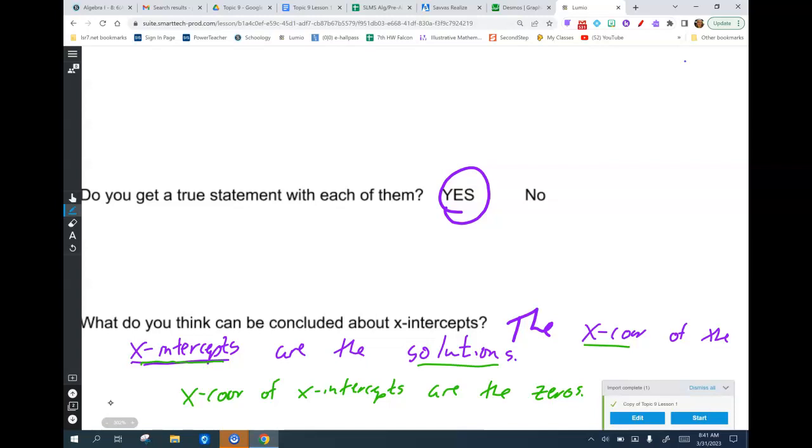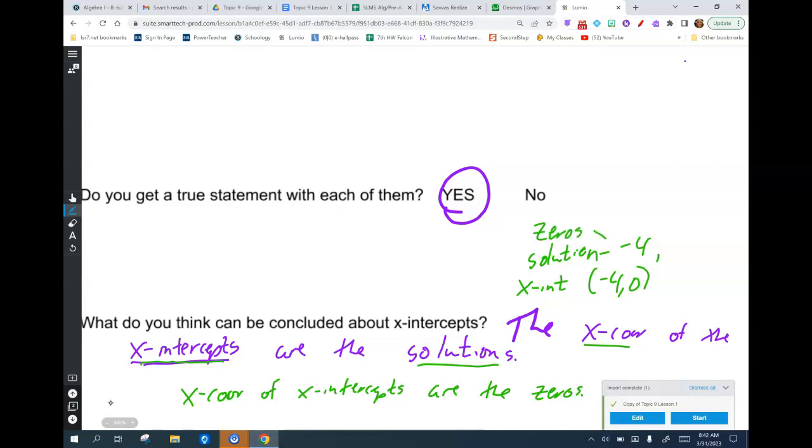You're going to write down an ordered pair of -4, 0. That would be my x-intercept. Then, if they ask, what is the solution? The solution is -4. So the solutions are the x-coordinates of the x-intercepts. Those are also called the zeros.